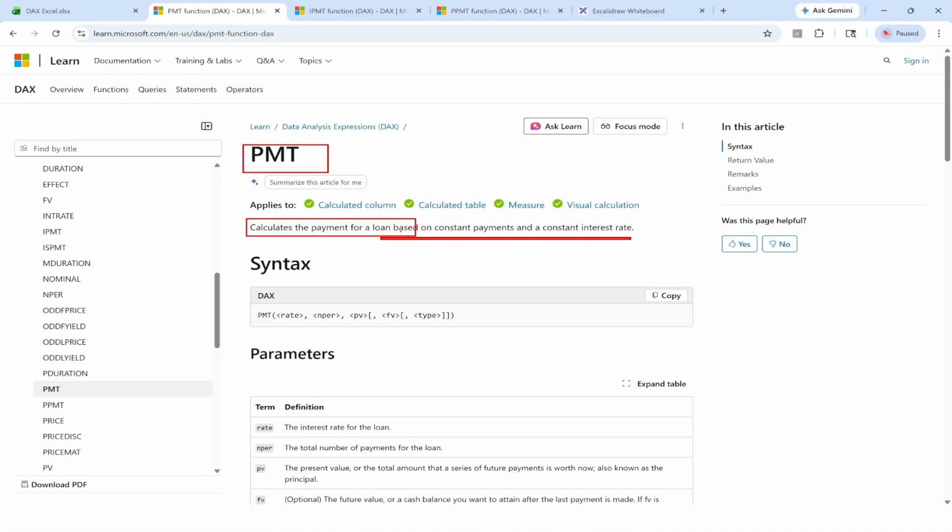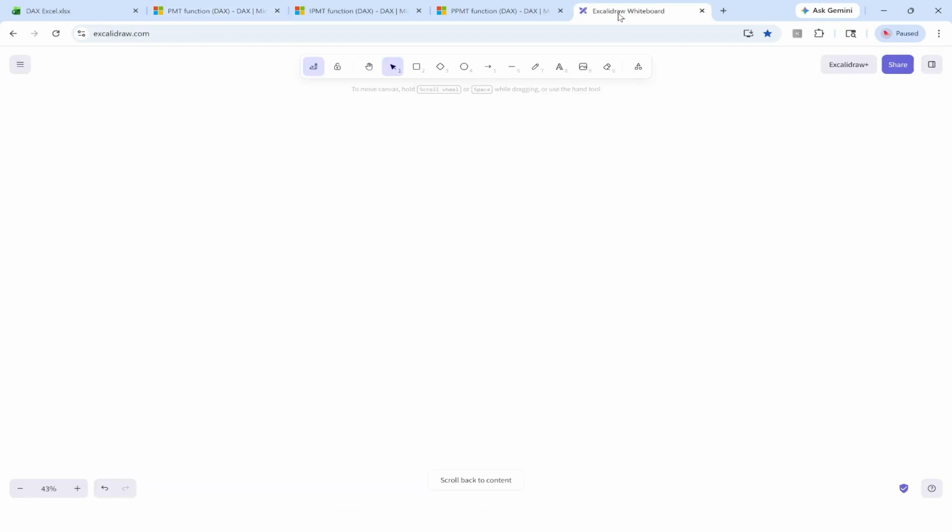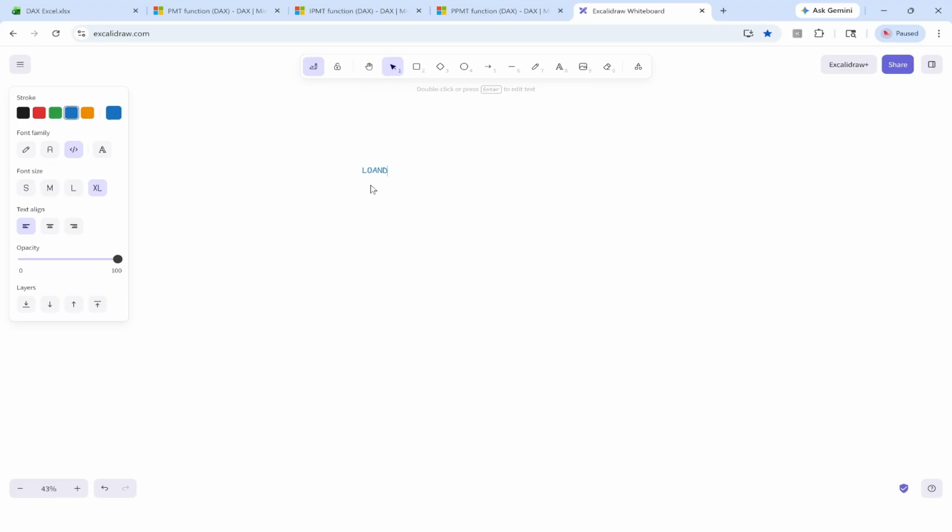Let me explain in layman's terms. You took a loan of 5 lakhs from some XYZ bank.